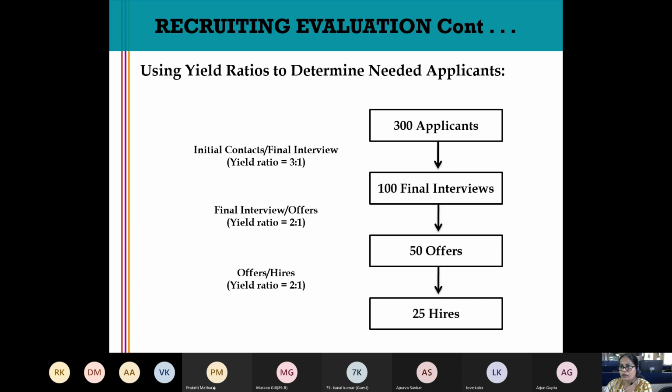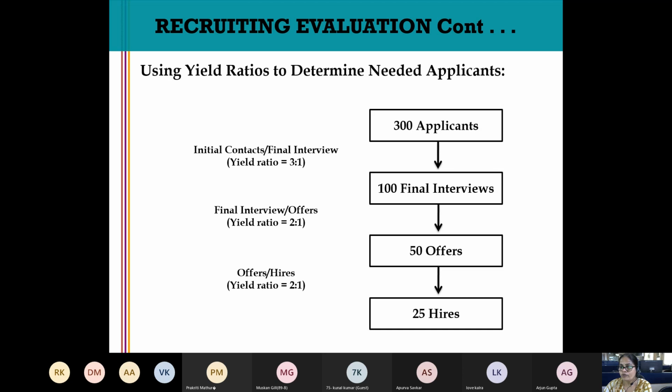Whenever you are calculating the yield, first of all, initial yield is initial contact. Say 300 applicants have applied to your company or post, and for the final interview only 100 people came. So the yield is 3:1.